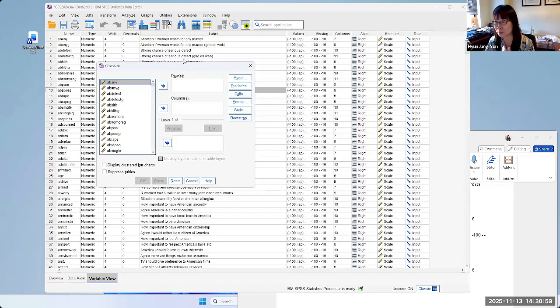But unless you explain it, in a contingency table the column variables are usually the dependent variables, okay? And the row variables are the independent variables. So without explanation, if you make the crosstab table, scholars understand that the column variables are the dependent variables being examined, and the row variables are the independent variables.